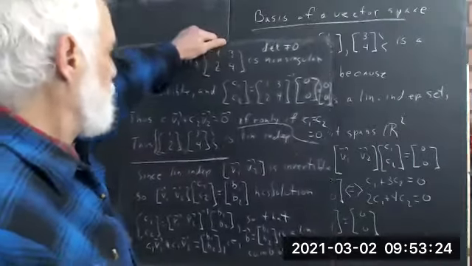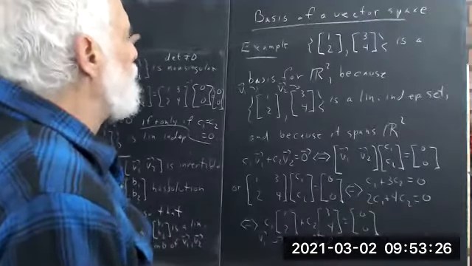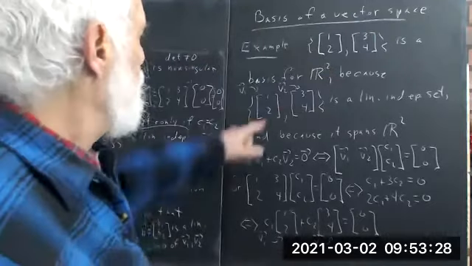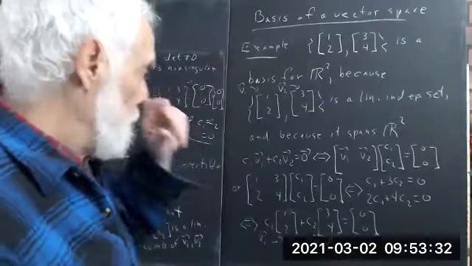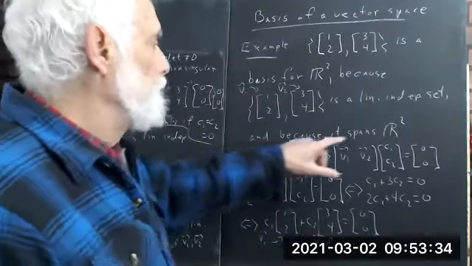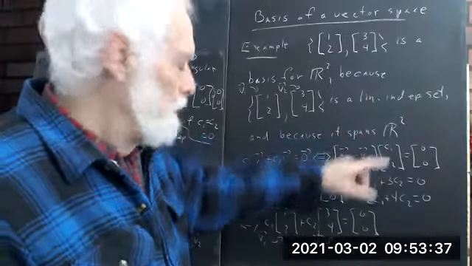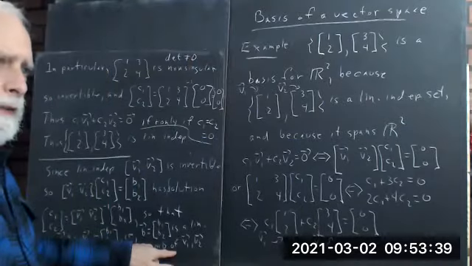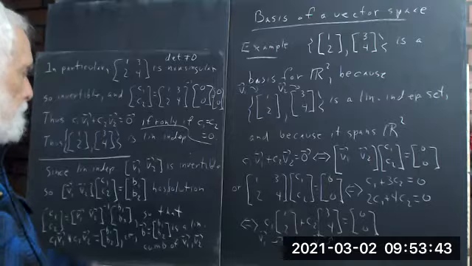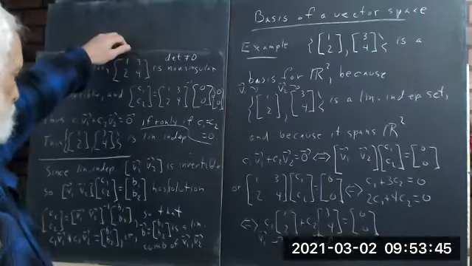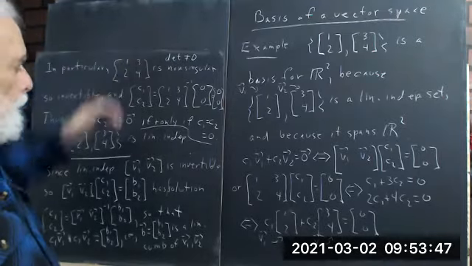Now, what did we originally say? This is a basis because this is a linearly independent set. Well, we proved that. And because it spans R2. This is what it means to span R2.